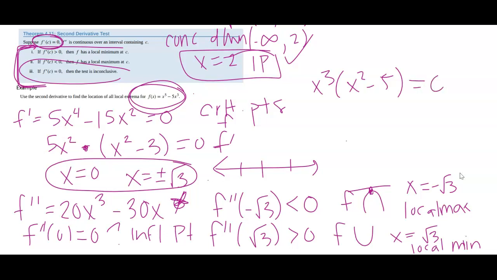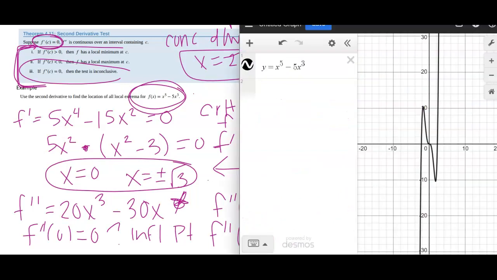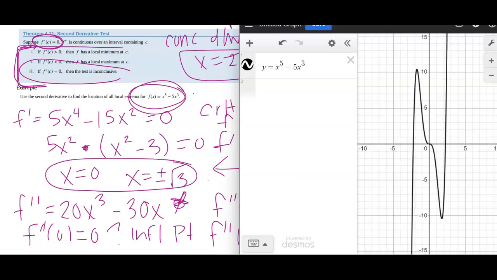So it makes sense that I have zeros at 0 and plus or minus root 5 with a multiplicity of 3 at x equals 0. So think about all of those things that we learned. I have zeros at those 3 places.